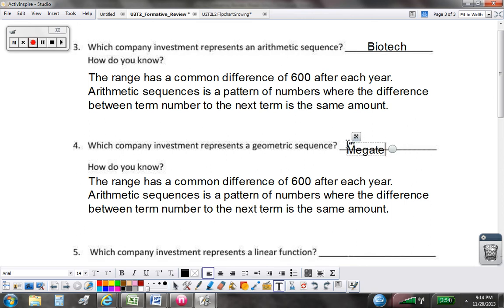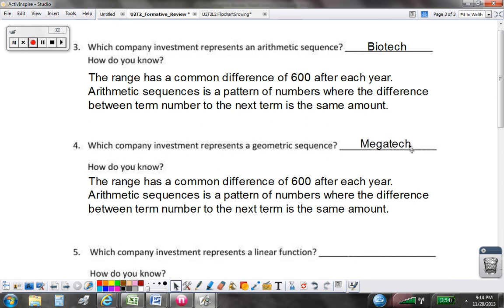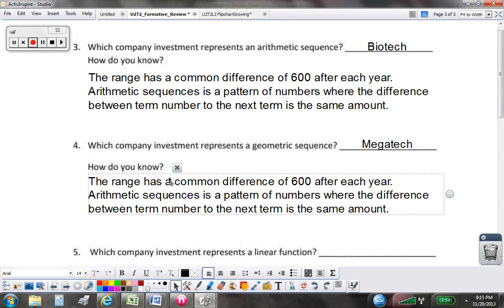Yeah, so that's the geometric, and if you looked at the table, we started out with 50, I believe, and then multiplied by 4 each time. So the range has a common ratio of 4.